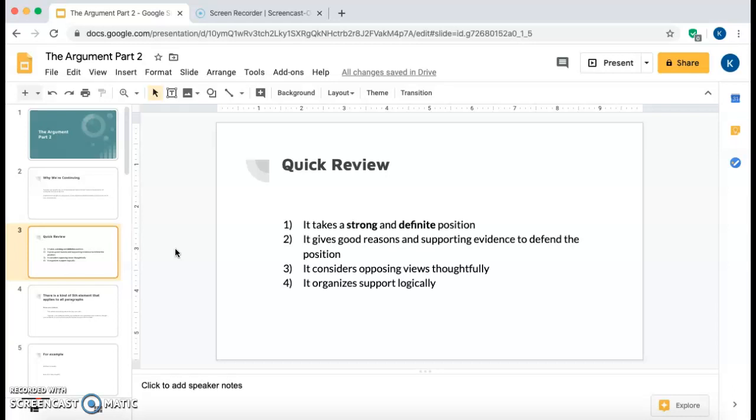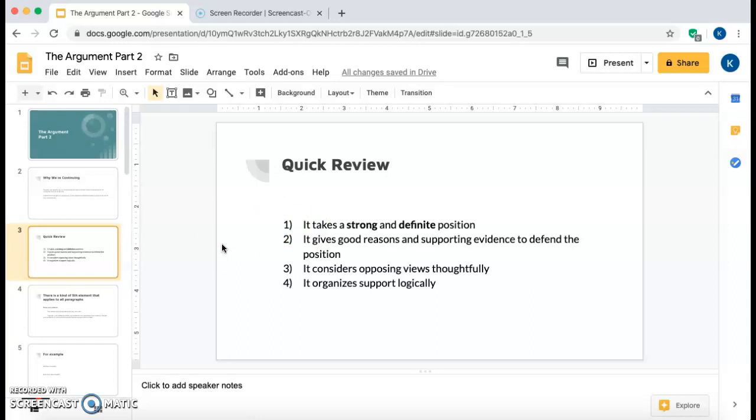You could argue something that most people agree with, but there's still a healthy 10, 20, 30% of people that disagree with that viewpoint. And that's perfectly fine. And you can still write a really well-rounded argument paper based on that kind of viewpoint. But just know that, again, the position that you take needs to be something that can be debated, that can be argued. So that's the first point, is that you take a strong and definite position in your writing.